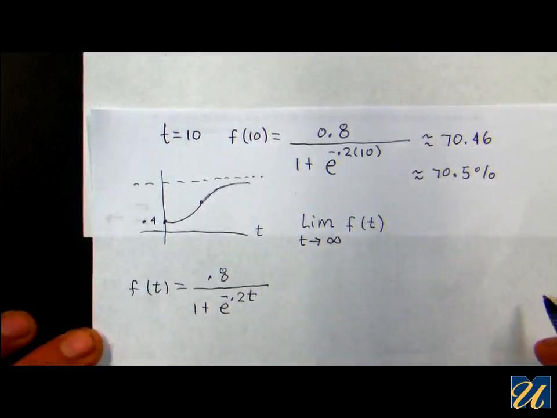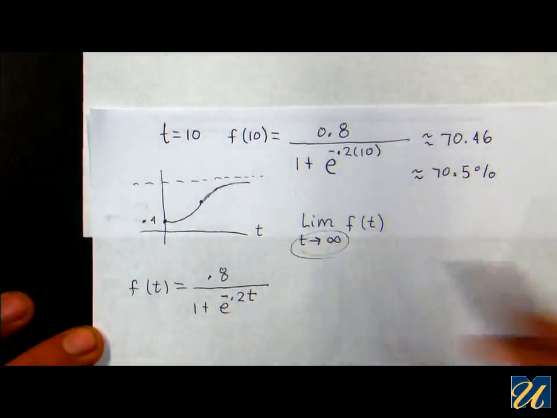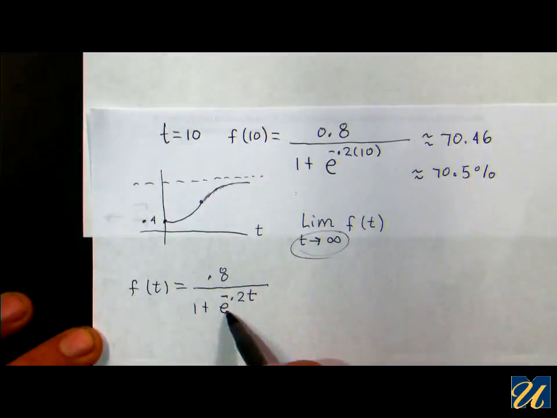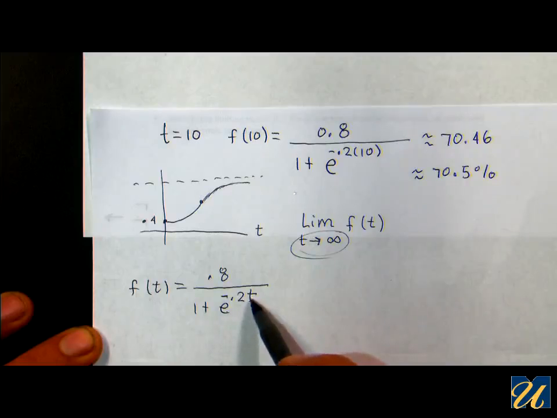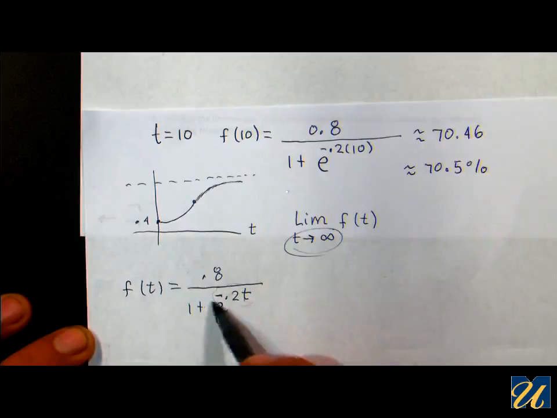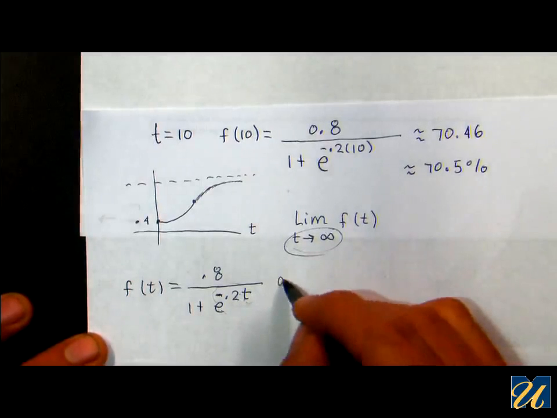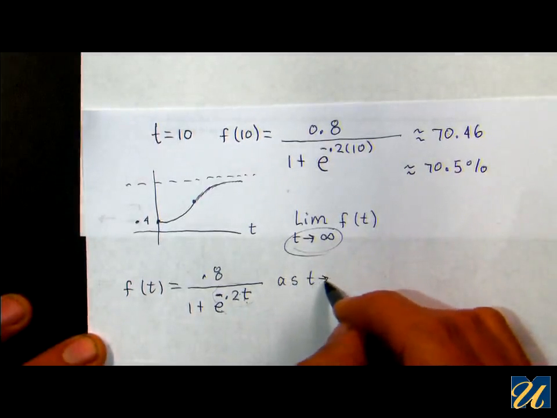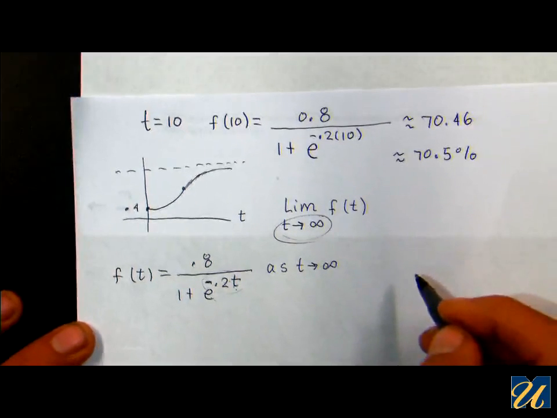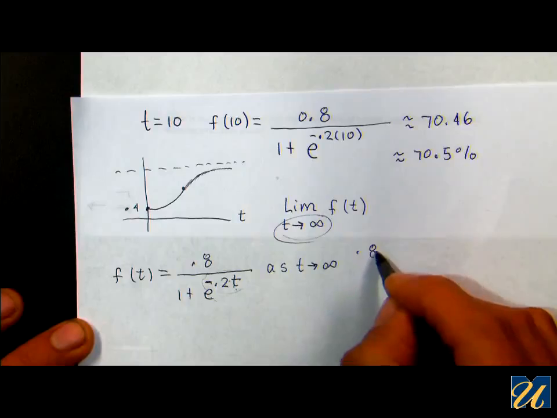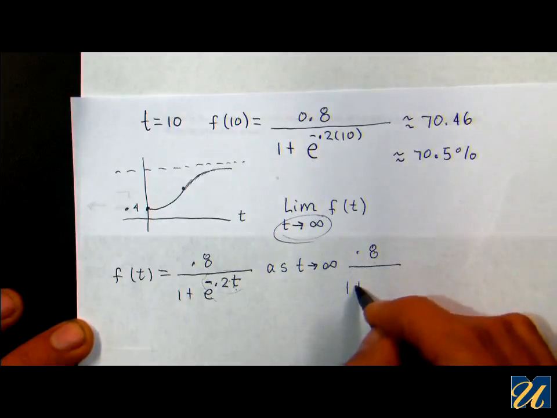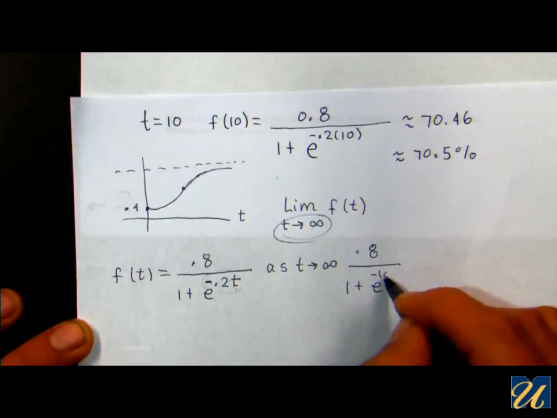Now, as t becomes really, really large, the exponent here becomes a very large number, but negative. So what that means is, as t gets larger and larger, you'll have 0.8 divided by 1 plus e to the negative large.